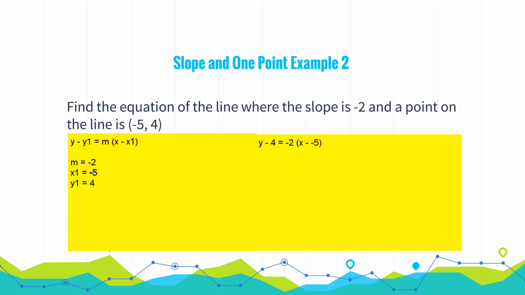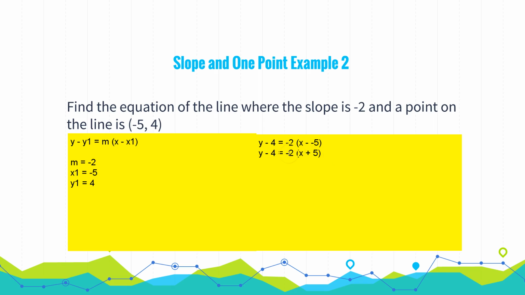So let's again go through and simplify all of this. Right now we have x minus a -5. Let's simplify that by making that a positive. There's no reason to write it as a double negative. It gets a little messy and hard to understand that way.